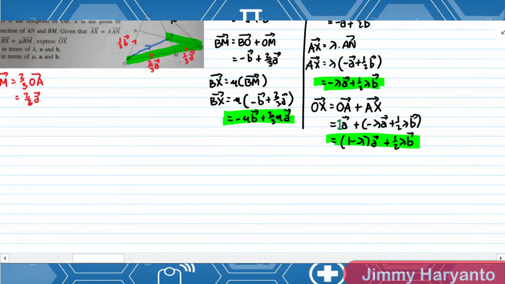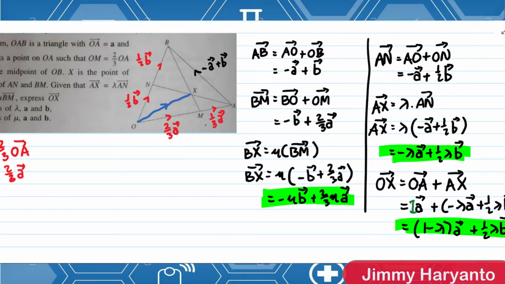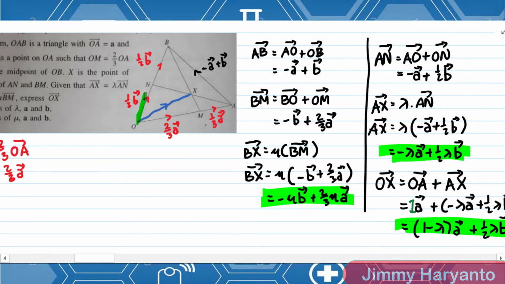After that, OX again, but this time we have to use mu. Okay, this one is OX. But now mu must be involved. Earlier we had mu in BX. So we have to find OX, and the path should involve BX. So we go up, and then down here.